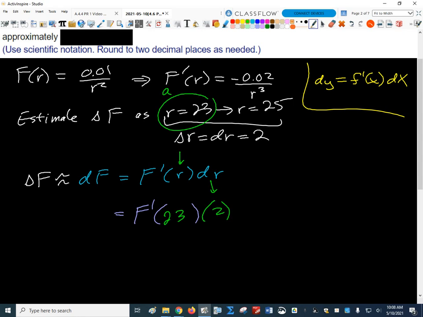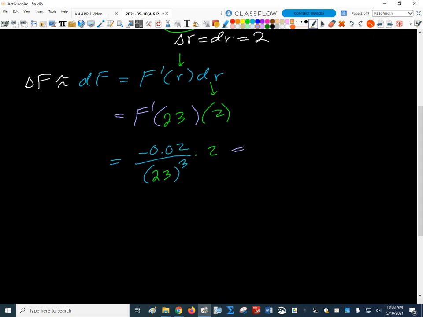So f prime of 23 is negative 0.02 divided by 23 cubed, times 2. So that whole thing is equal to, if I multiply negative 0.02 times 2, negative 0.04 divided by 23 cubed.